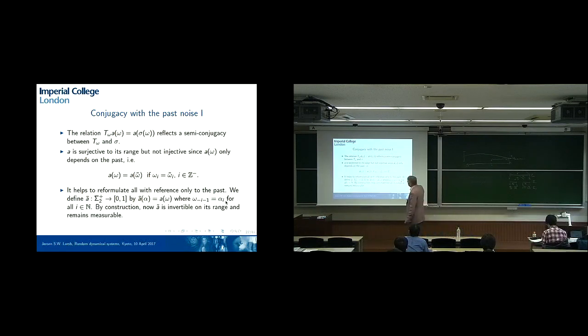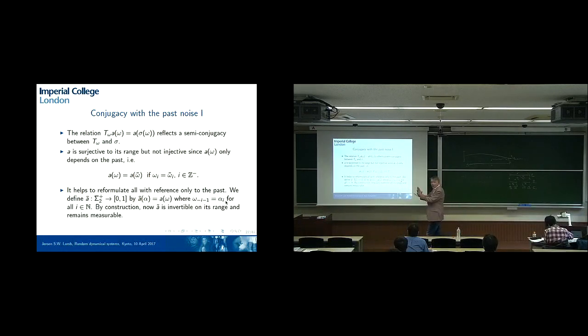Okay, and so A maps, of course, into the space 0, 1, but let's map A into E, into the Cantor set. Then it's surjective, because every point in the Cantor set has an address. So it means all addresses. It's not necessarily injective, because it only depends on the past. So if I take a symbol sequence here, I can, of course, ignore everything about the future, because it says nothing about my point.